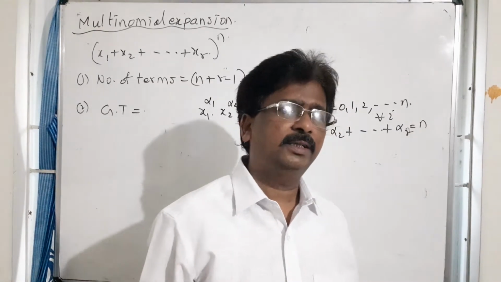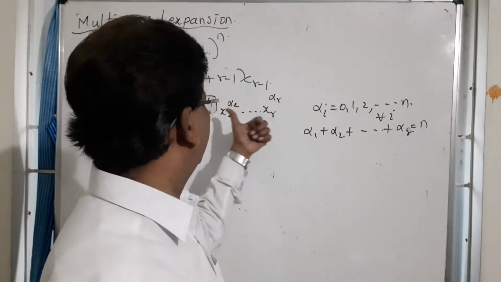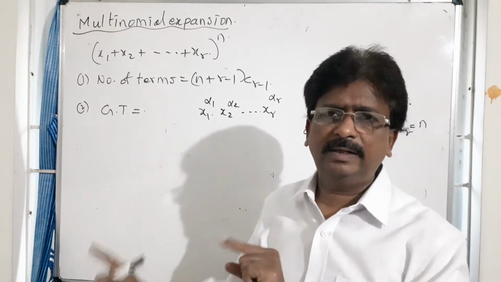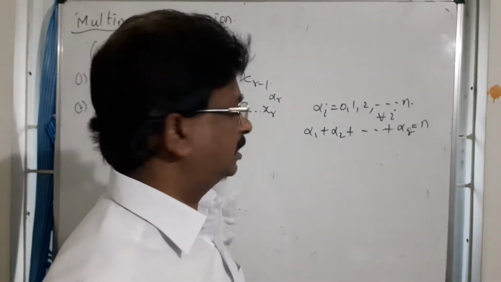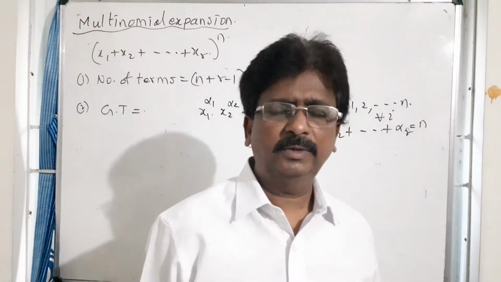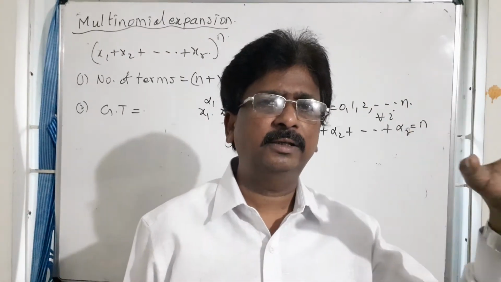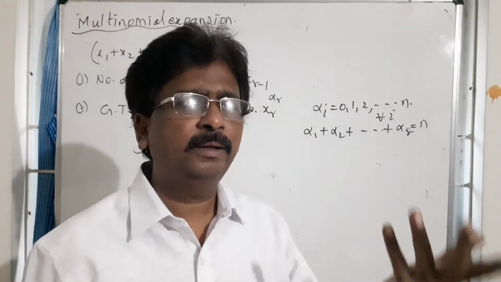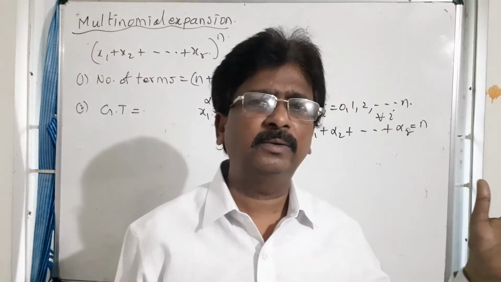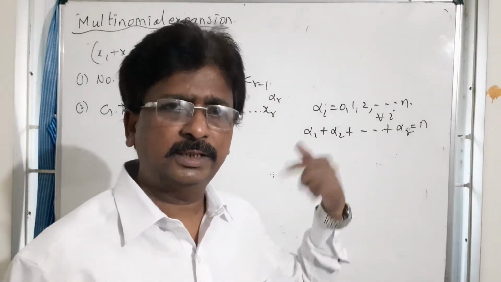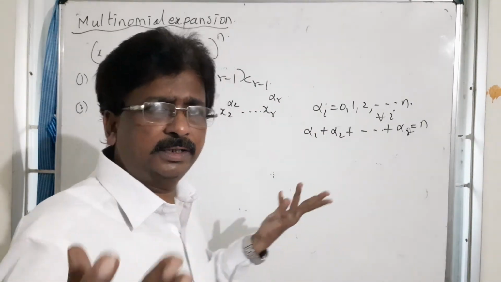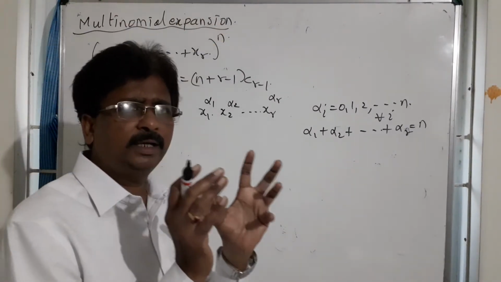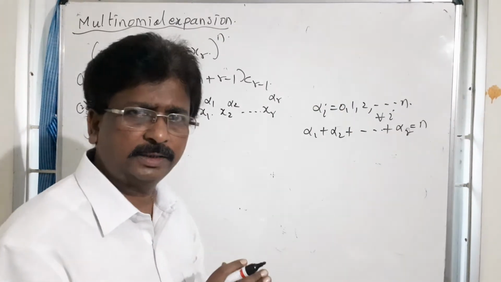And the next one, what is the coefficient? Here, the alpha 1 things are given to the person x1, alpha 2 things are given to person x2. Now there is also a formula in permutations and combinations for the number of ways those things can be given to the r persons. From the n things, let us give alpha 1 things to x1.